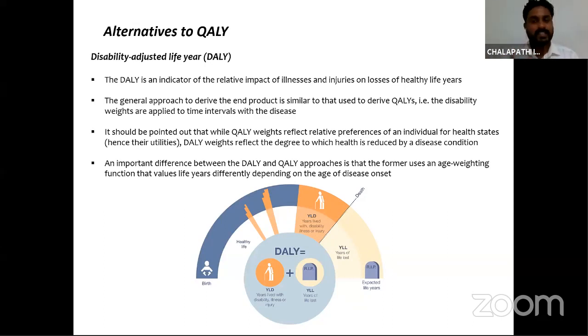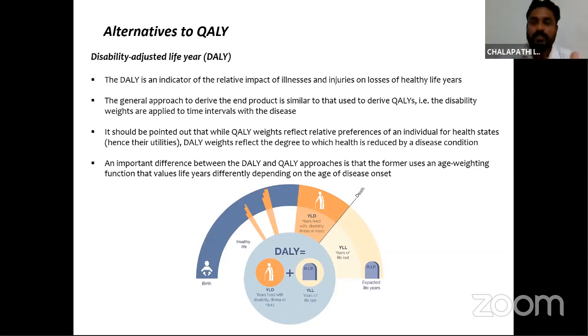So how much utility does he have right now? He has a utility of 0.8. Before, he was 1.